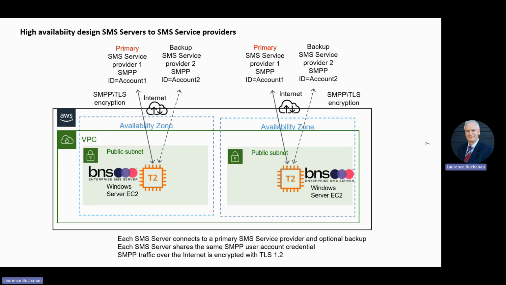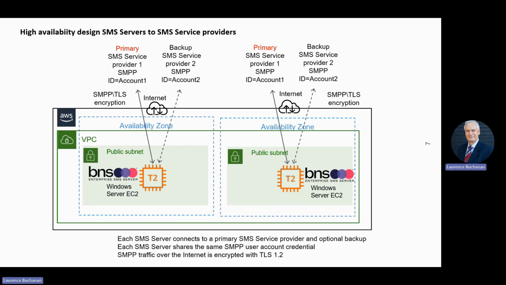You'll notice they're both using the same account 1. So account 1 is the SMPP account credential that both of these servers are using to connect to that primary. So in this example, that could be, say, Sinch or Sinch Message Media.